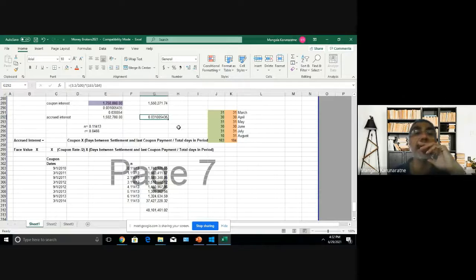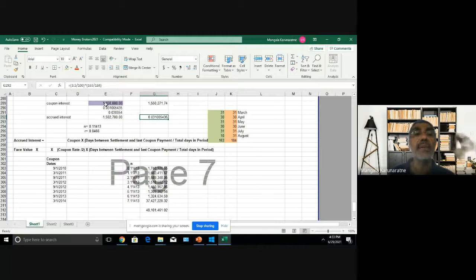Now, what did I do? I did this part of the calculation first and got some figure here. Otherwise, what can I do? I can do this 1.750, that is this part only.